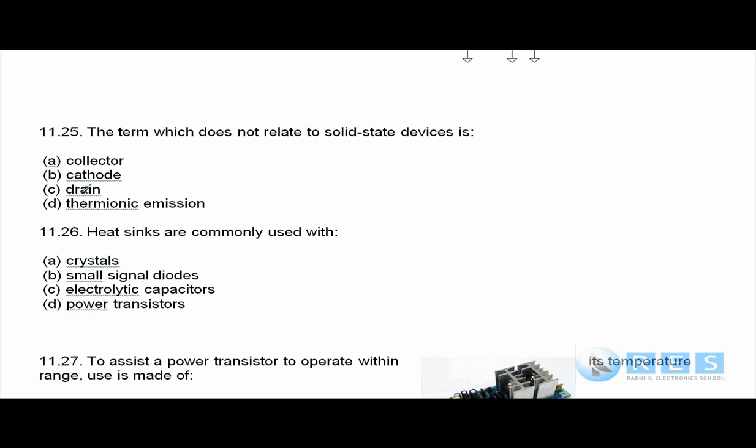Drain is an electrode on the field effect transistor. Thermionic emission is the process by which metals are heated to the point that electrons are boiled off. You don't need to know that. Well, you might. I'll have a look, see if we've got to do vacuum tubes later on. But thermionic emission has got nothing to do with semiconductors at all.